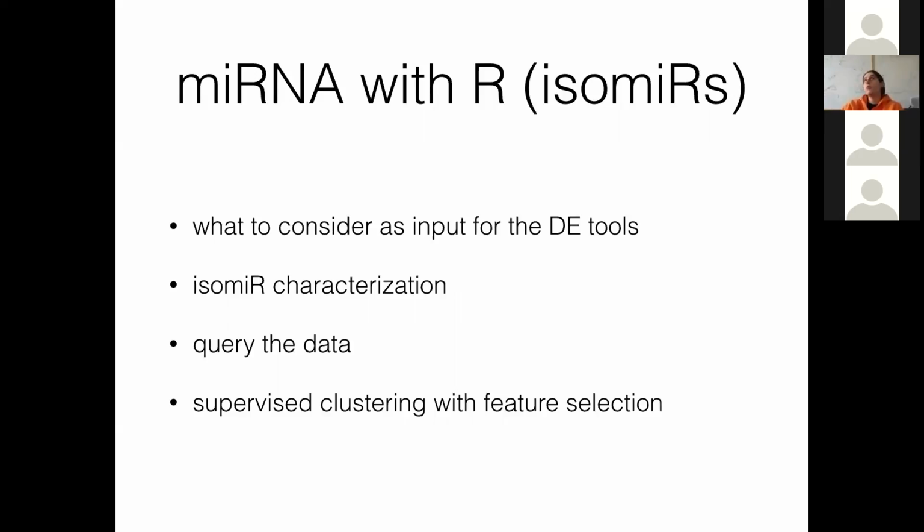There are other people that are starting to work more on that, and they say, no, I want all the isomers, or I want only a few, one type of isomers. Since you already have all the information in the output of mirtop, with this package you can just select what to analyze, or even do multiple things.